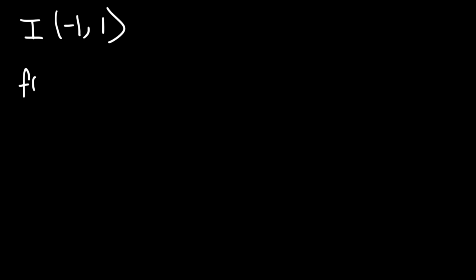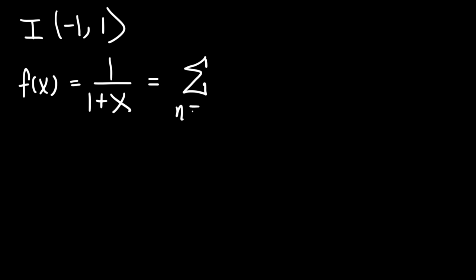So recall that the function f of x, which is 1 over 1 plus x, can be represented by the power series from 0 to infinity, -1 to the n, x to the n. Now let's write out the first 5 or maybe 6 terms in the series.